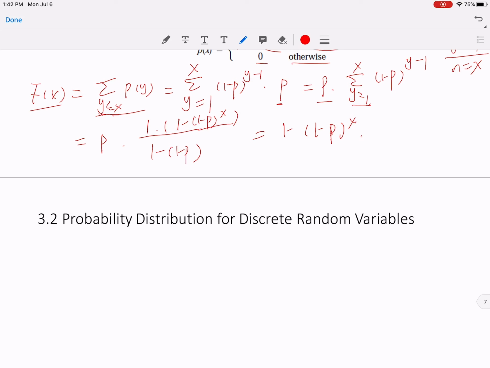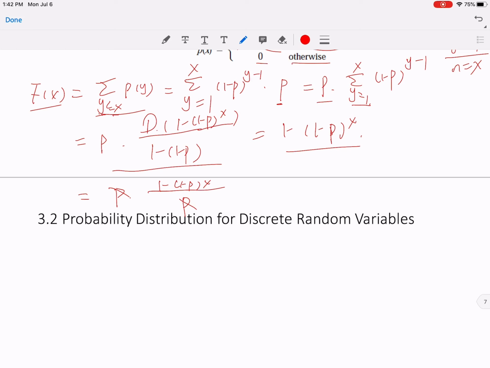On the bottom, we have p times (1 minus (1 minus p)), which is p. And on the top, we can just get rid of this 1 directly, because 1 times anything is just itself. It's going to be 1 minus (1 minus p) to the power of x, right? So this p will be cancelled out, and we have 1 minus (1 minus p) to the power of x.